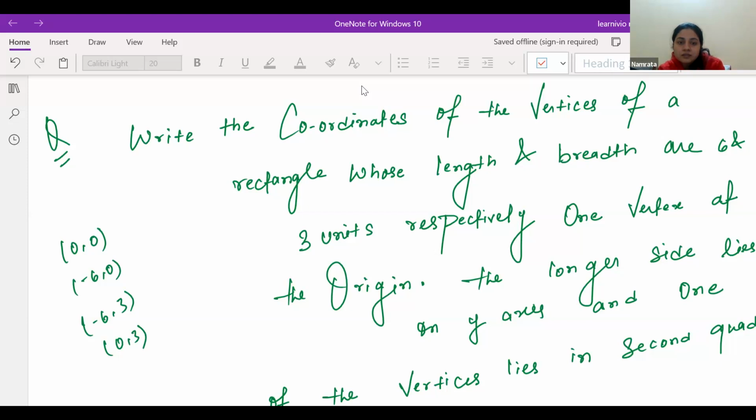Ma'am, I wrote it, but I'm not sure if my answer is right or wrong. It's okay, Reem. Even if you are not sure, please tell me what your answer is. Ma'am, the first one is 0, 5.